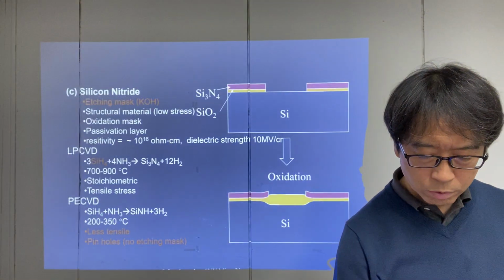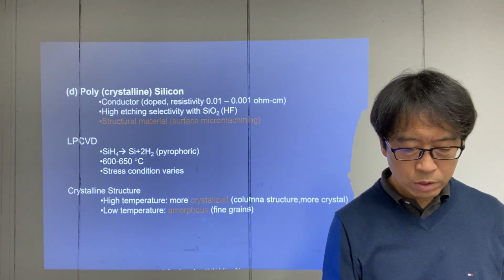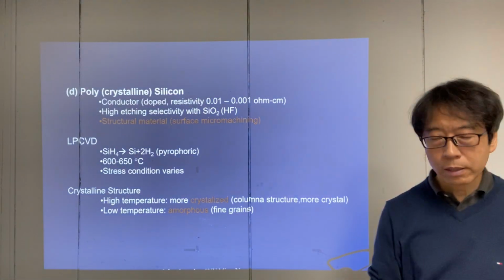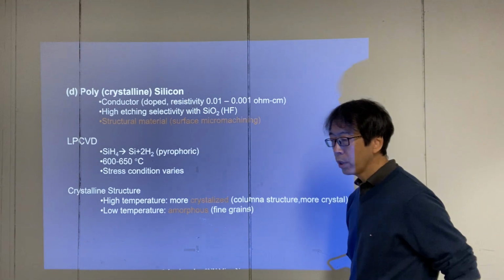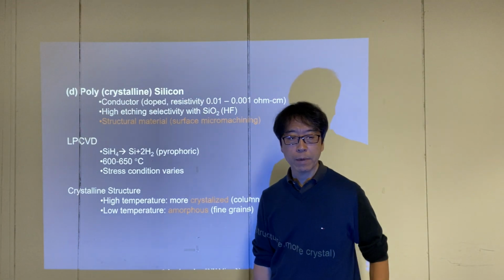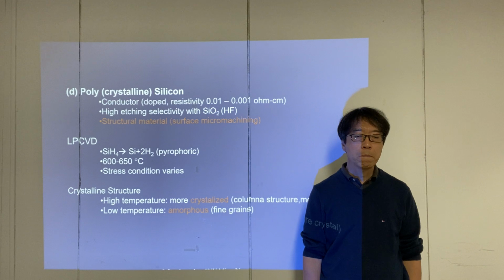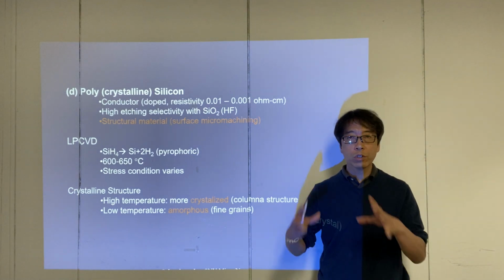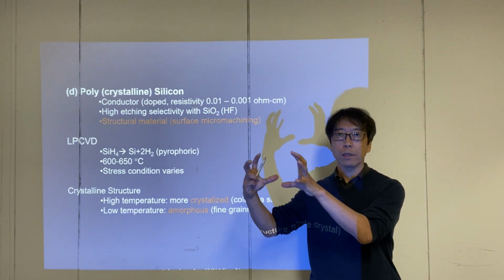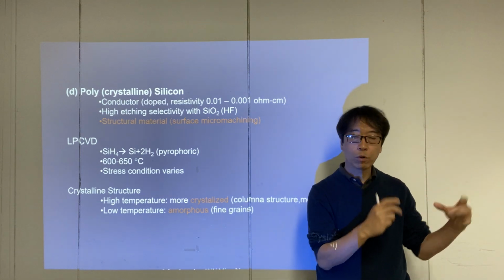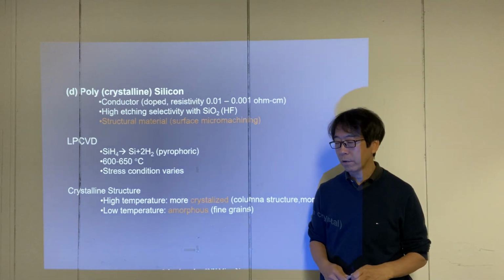One of the most important processes that we use in that case is polycrystalline silicon. Polycrystalline silicon is pure, semiconductor silicon, but it has the crystal isolated into certain volumes, like grains.